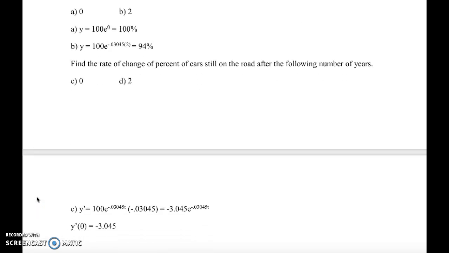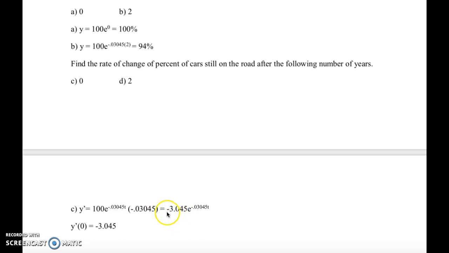All right, so if we take the derivative of our function, we end up having 100 times our e to the x, and then the derivative of that exponent, because it's not just x, is our decimal. I'm bringing that to the front, multiplying it by 100, which moves our decimal over 2 places.